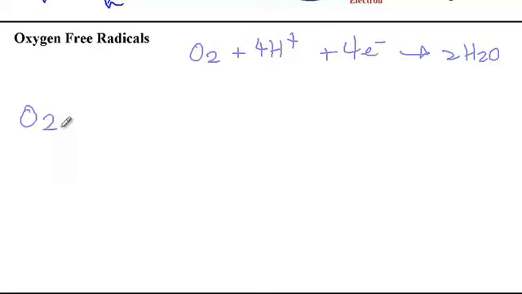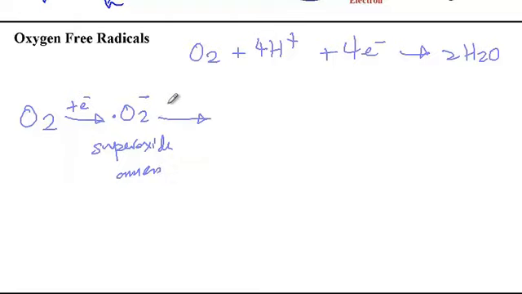So here we have an oxygen molecule. If we add only 1 electron to it, it will form a superoxide anion. If we add 1 more electron to it, it will form a hydrogen peroxide.